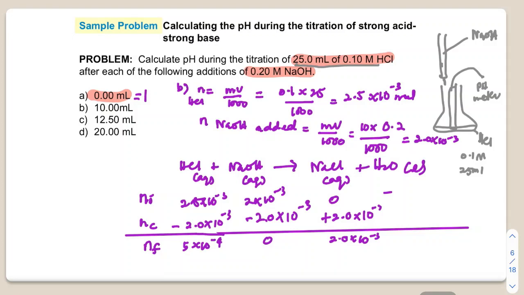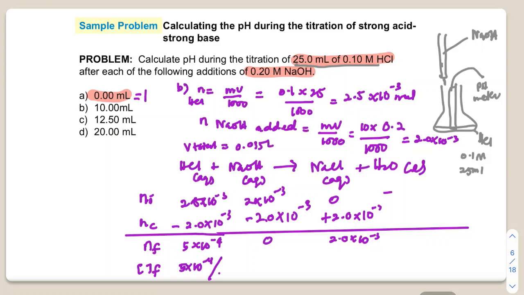And then we can calculate the final concentration. 5 times 10 negative 4 divided by the total volume. So we can also calculate the V total here, which is 25 ml HCl plus 10 ml of the sodium hydroxide, so the V total is equal to 0.035 liter.